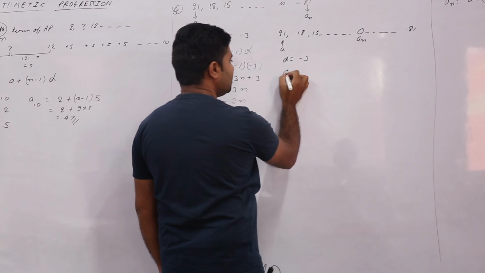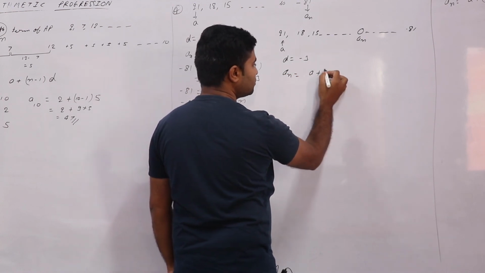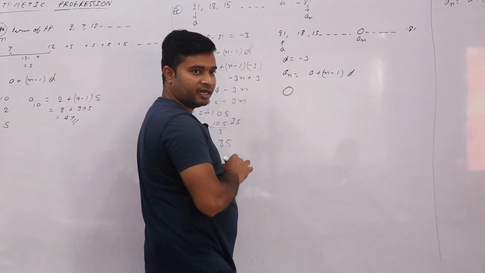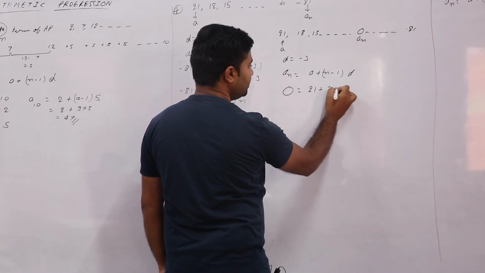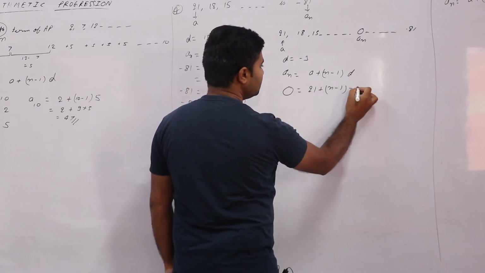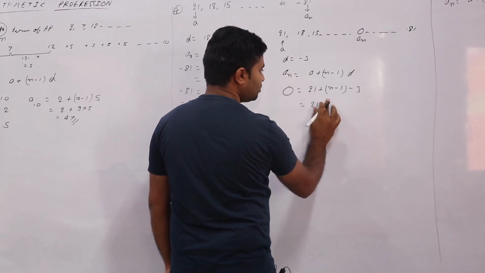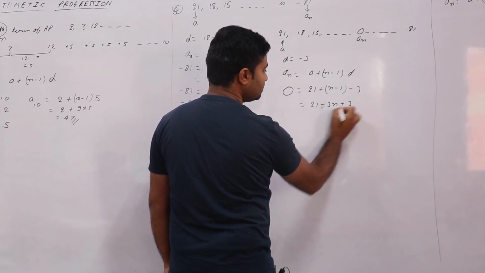So what is the formula? an is equal to a plus n minus 1 into d. an is equal to 0. a is equal to 21. n we don't know. d is equal to minus 3. So 21 plus or minus? Minus 3n plus 3.